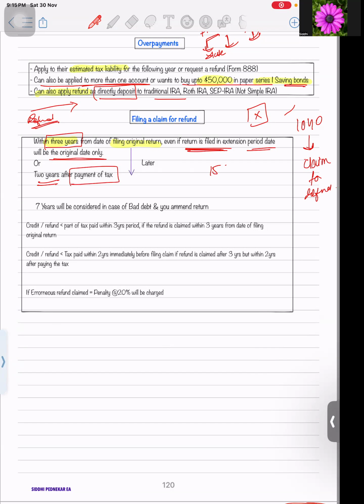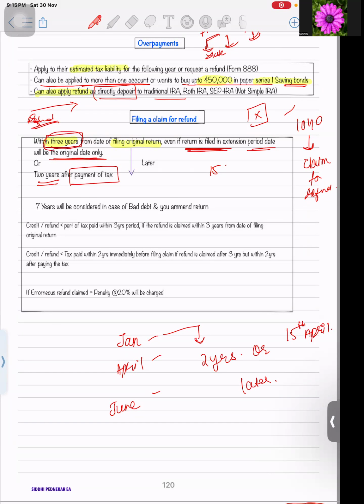The withholding which is done by the employer, or you paid extra estimated tax. When you paid the estimated tax, let's say you paid it in January, then in April, then in June. Okay, every quarter you paid the estimated taxes. So from that date, you have to calculate 2 years or 15th April. Okay, whichever is later.